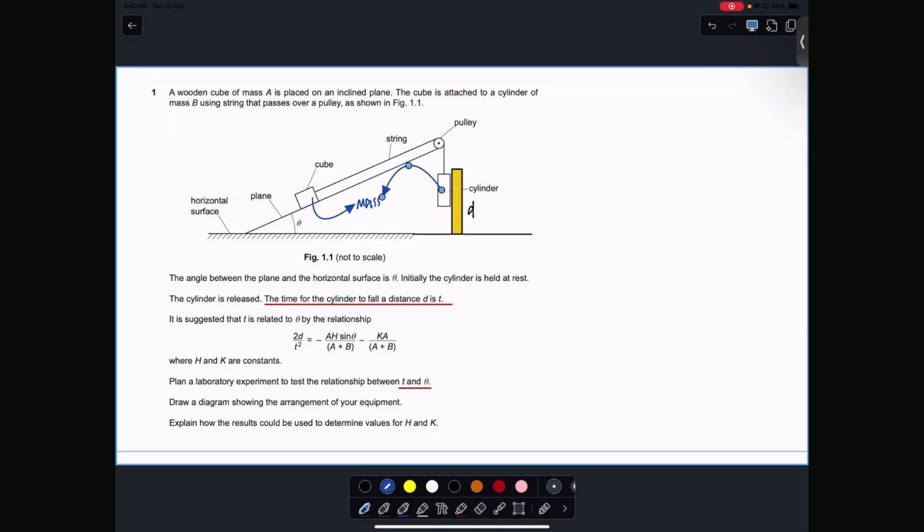Anyone else? Anything else? Length of the string. No. Yeah, the distance. The distance that it falls every time. We have to keep this the same. Distance fallen. What else did you say? Surface area. Which is the identical cylinder every time.